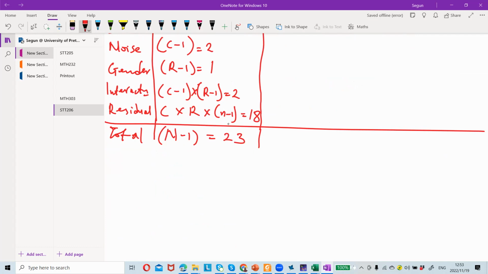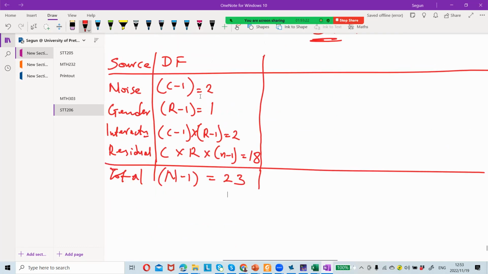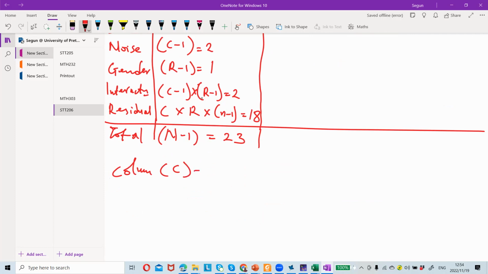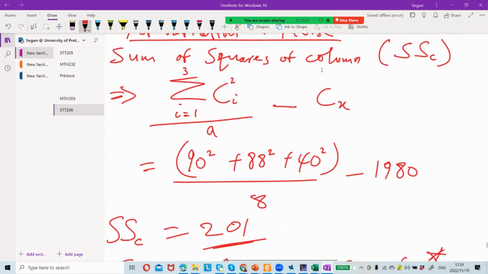We know that the total is 24, right? Then how many columns do we have? 6 columns, sir. Column is 3. Row is 2. Look at it.